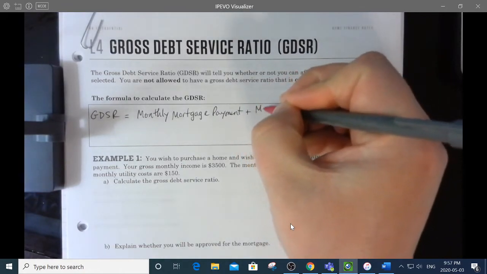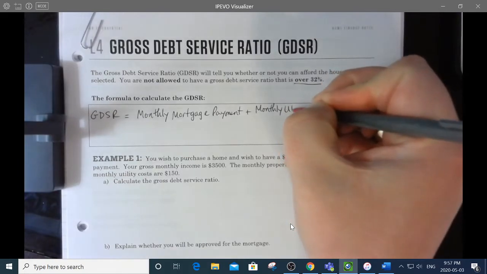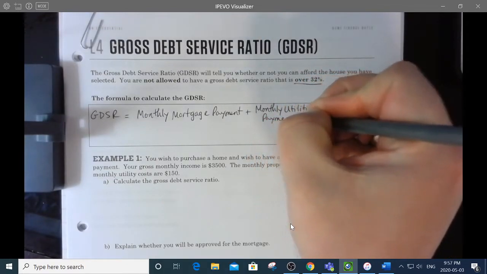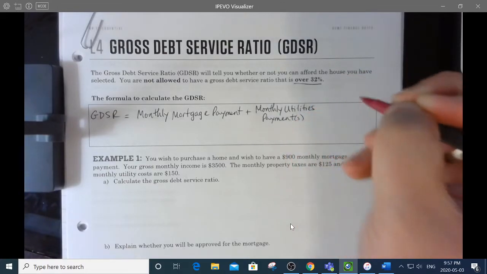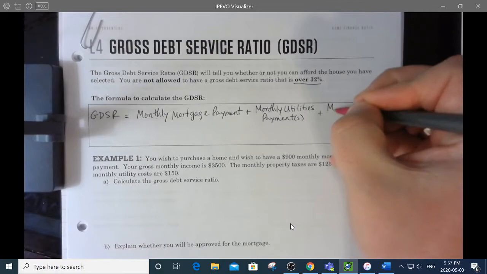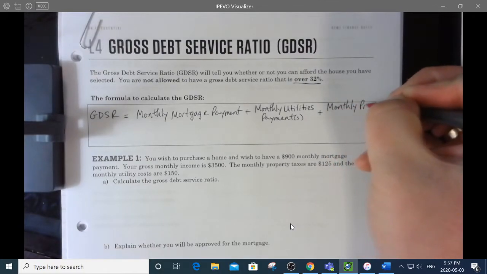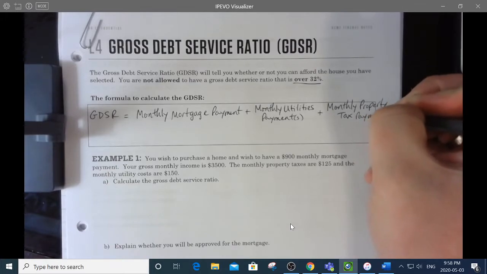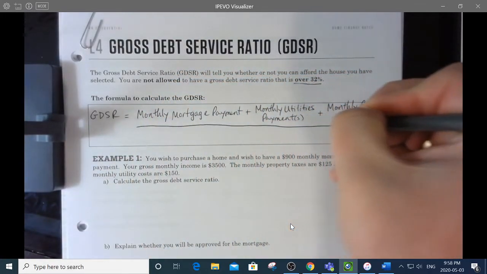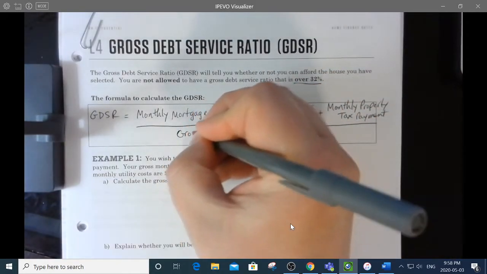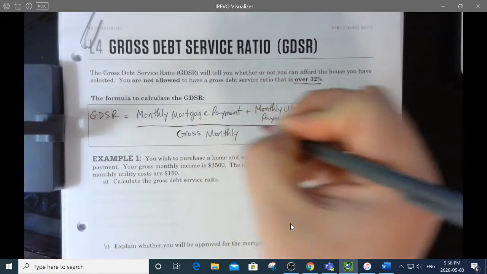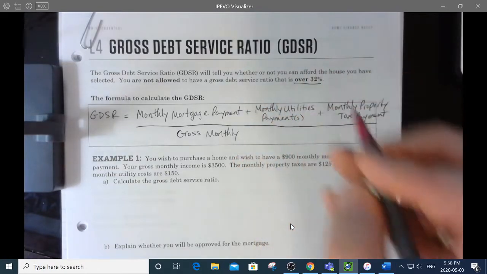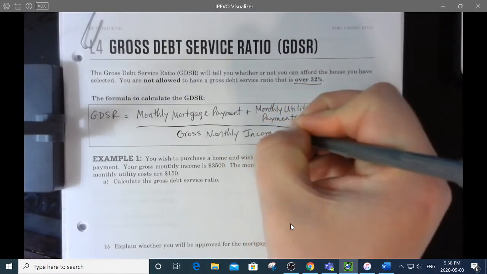Plus your monthly utilities payment, and I should say payment or payments, you can add them all together, plus your monthly property tax payment, all divided by your gross monthly income, times 100.